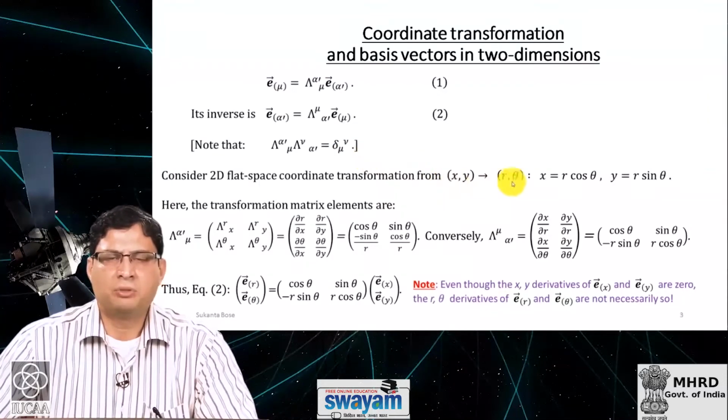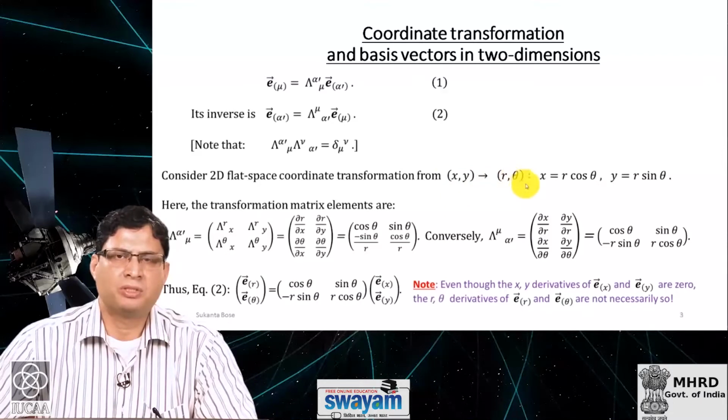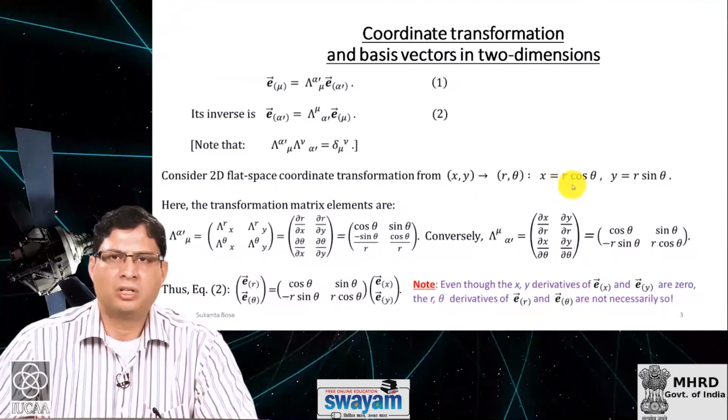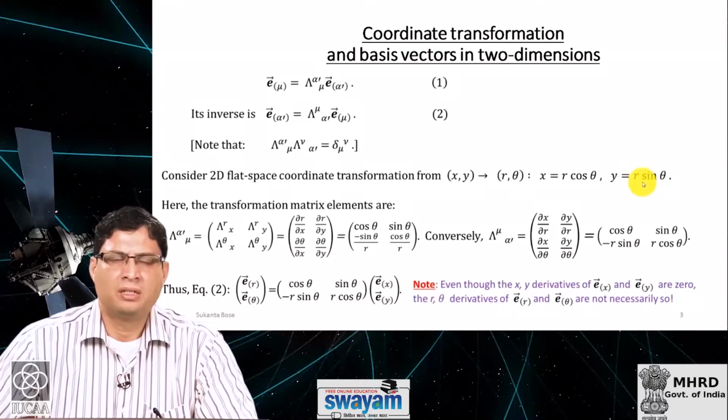Now, for this two-dimensional coordinate transformation, the equations of transformation are simple. It's just that x is equal to r, the radial coordinate, times cosine theta, the angular coordinate, and y is equal to r times sine theta.